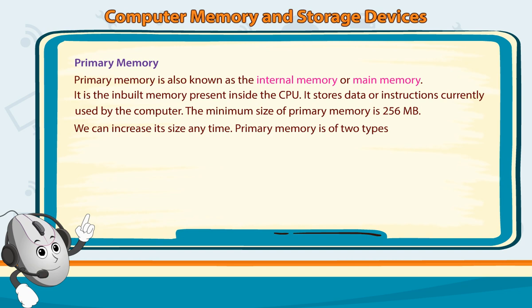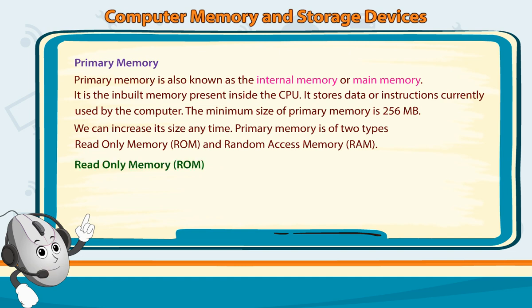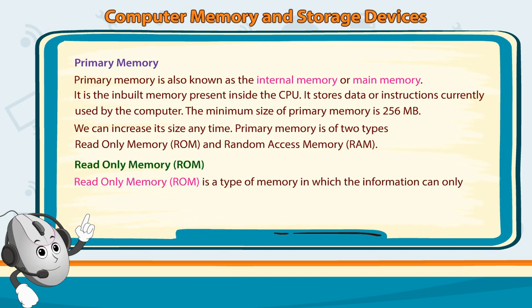Primary memory is of two types: read-only memory (ROM) and random access memory (RAM). Read-only memory, ROM, is a type of memory in which the information can only be read.